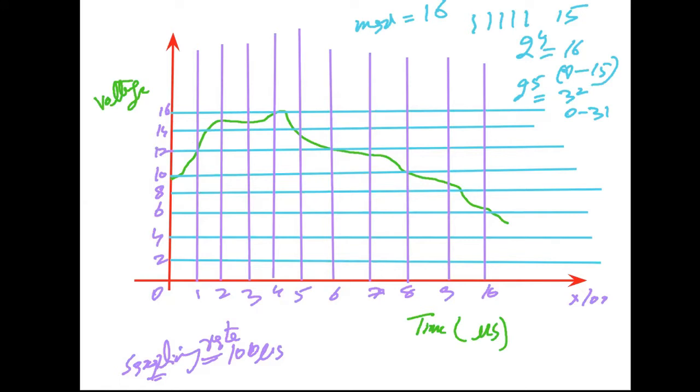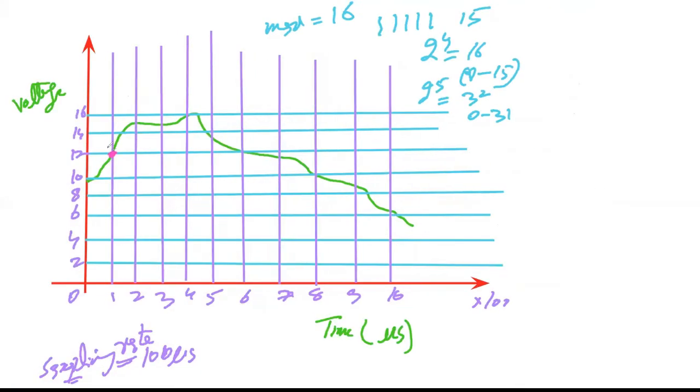Let's convert it into binary. The place values are 1, 2, 4, 8. So 12 is 8 plus 4: this is on, this is on, and the others are 0. So this is 12 in binary.